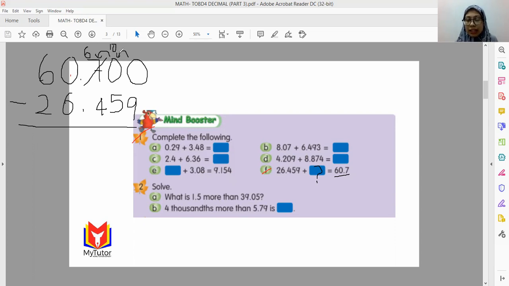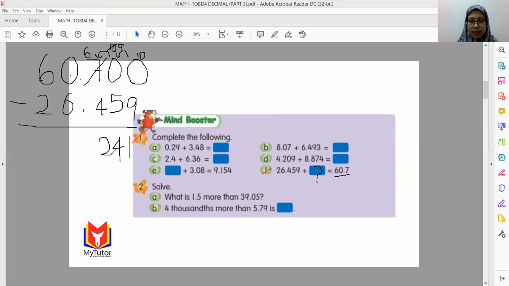Yes, because this already has something. So borrow from 10, you become 9, and this one becomes 10. Are you following, Hana? Okay, good. So can we subtract now? What is 10 minus 9? 10 minus 9 is 1. 9 minus 5 is 4. And then 6 minus 4 is 2.